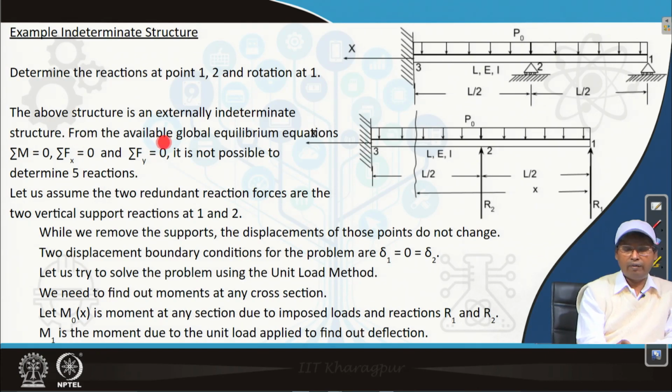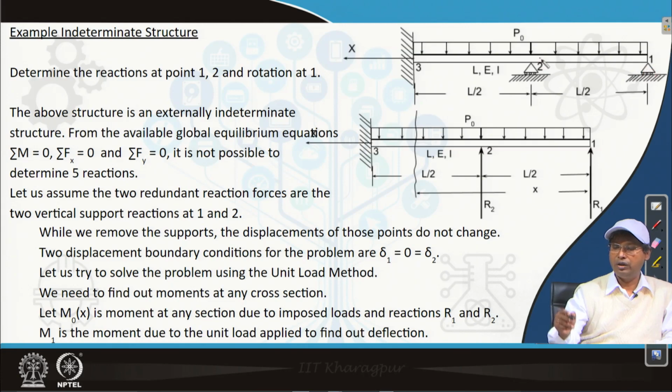From the available global equilibrium equations, sum of M equals 0, sum of Fx equals 0, sum of Fy equals 0, it is not possible to determine 5 reactions. Let us assume the 2 redundant reaction forces are the 2 vertical support reactions at 1 and 2. These are the 2 redundant forces.